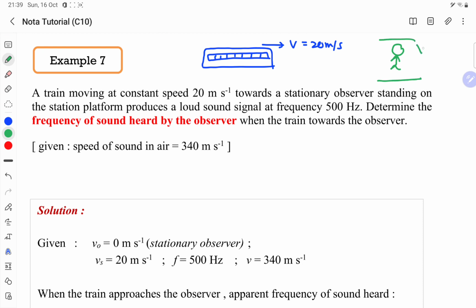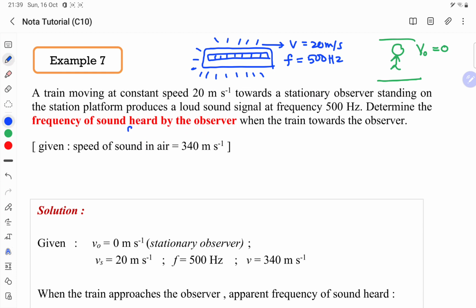For a stationary observer, V naught is equal to 0. The moving train produces a loud sound signal at a frequency of 500 Hz. So the source of sound is the moving train, so F source is equal to 500 Hz. Determine the frequency of sound heard by the observer.